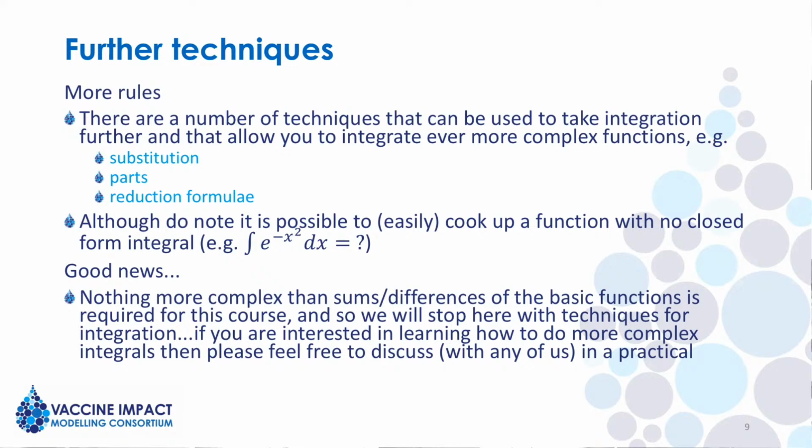So, if you get more and more complex functions, you might use integration by substitution, integration by parts, you might have reduction formulae. But it's very easy to start putting together functions where there's no closed form.